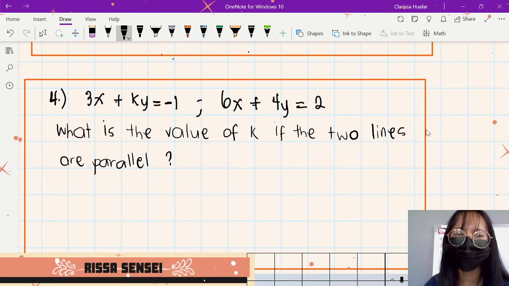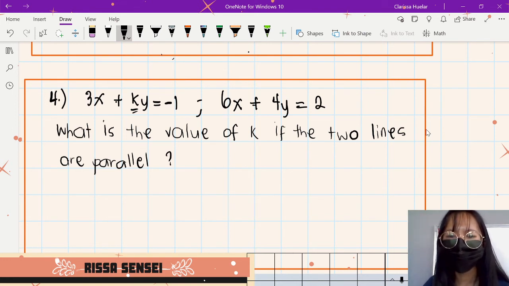And lastly, this is number 4 actually. 3x plus ky equals negative 1 and 6x plus 4y equals 2. The question is, what is the value of k? So, hanapin natin yung b sub 1. What is the value of k if the two lines are parallel? So, ang goal natin maging parallel, dapat maging equal yung ratio ng first coefficients and second coefficients.